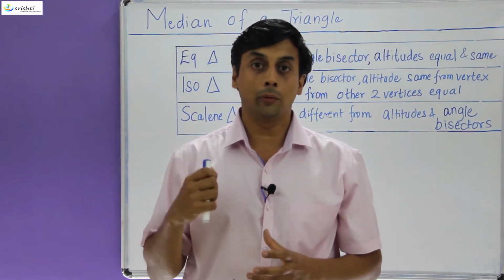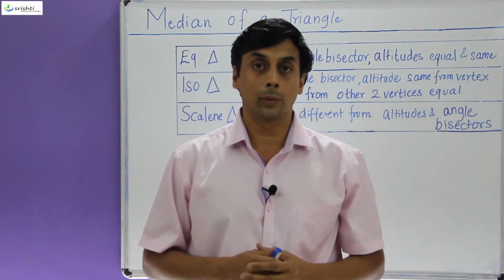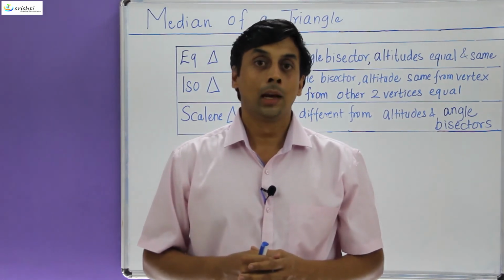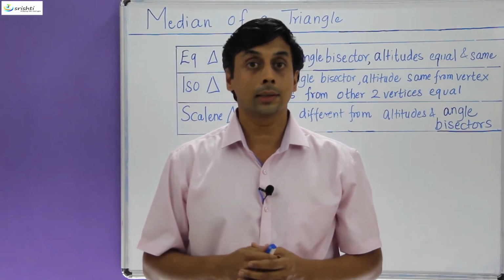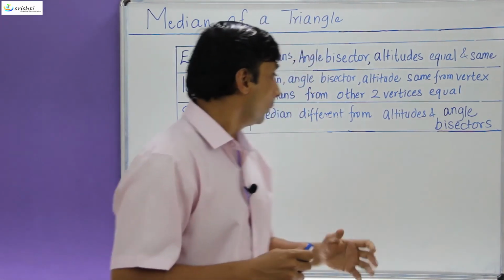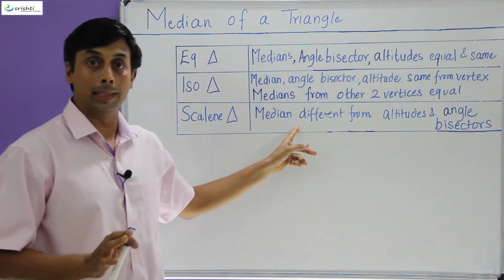So when I had drawn the three medians, you would have noticed that 6 triangles were getting formed and all those 6 triangles had equal areas. When it comes to medians, they need not necessarily be the angle bisectors or the altitudes as well. When it comes to scalene triangles, medians are different from altitudes and angle bisectors.